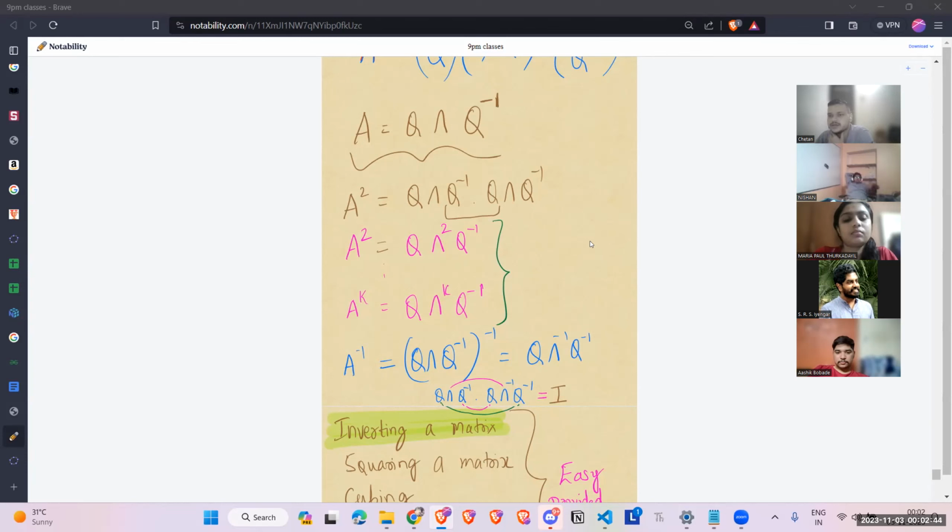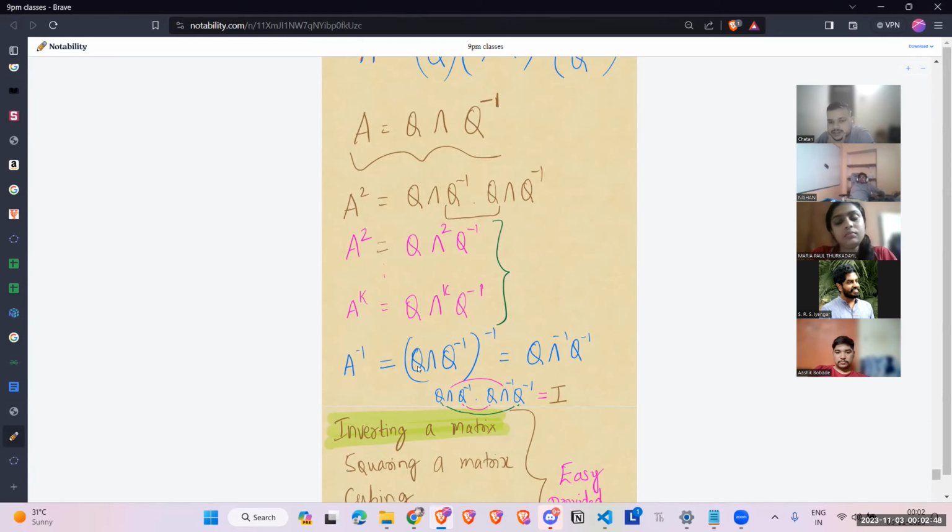So we can write the inverse of the matrix as Q lambda Q inverse, whole inverse. That becomes Q times lambda inverse and Q inverse. And we know that diagonal entries, if we invert them, we'll get the inverse of the lambda.